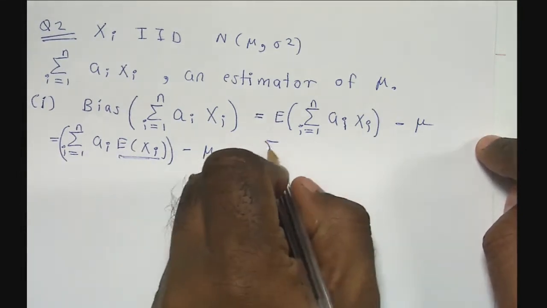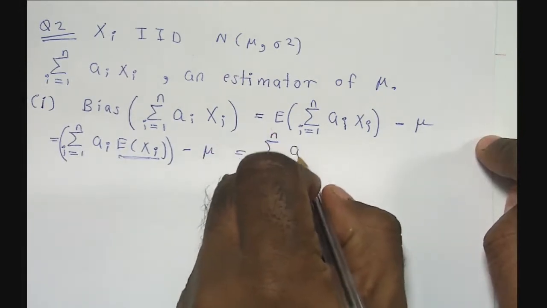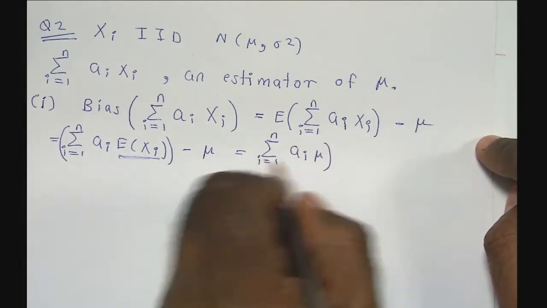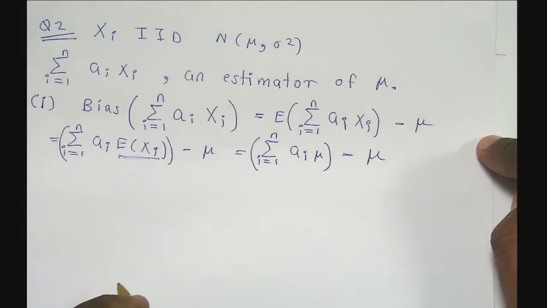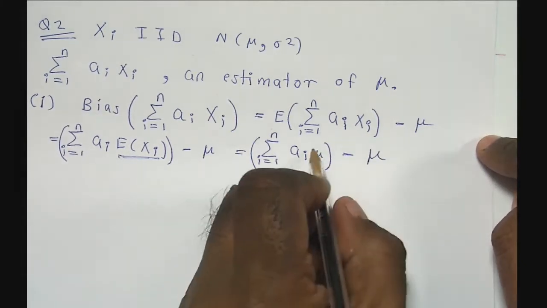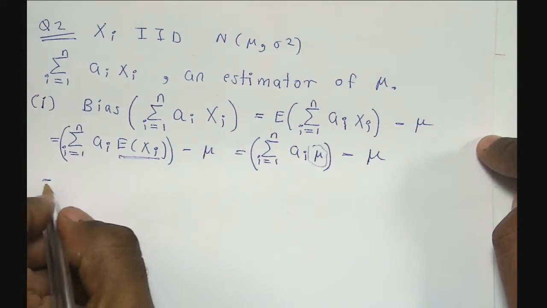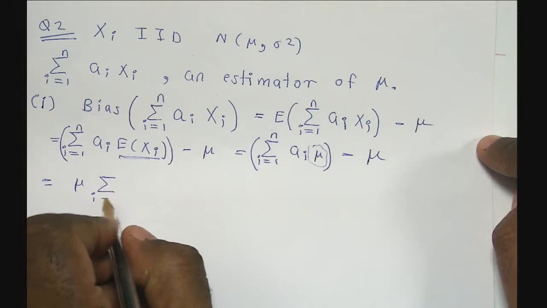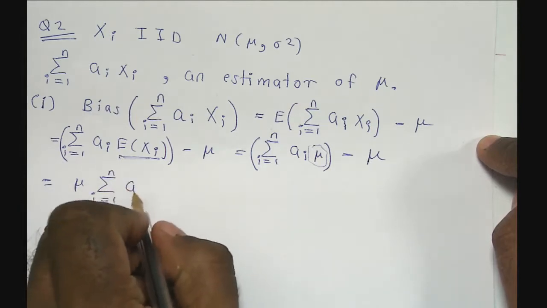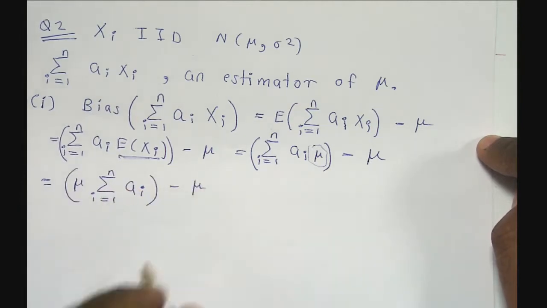So this becomes the sum... you follow? Now because mu is a constant, you can pull it outside the sum, so it becomes mu times the sum minus mu.